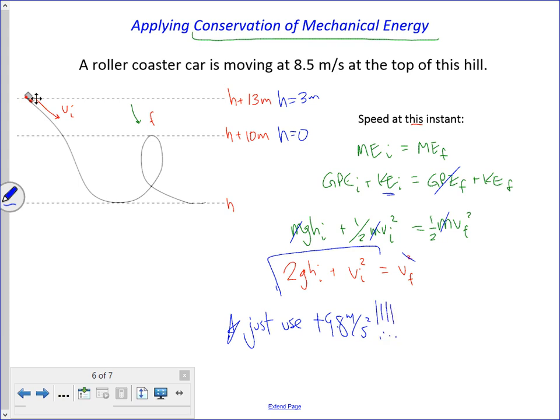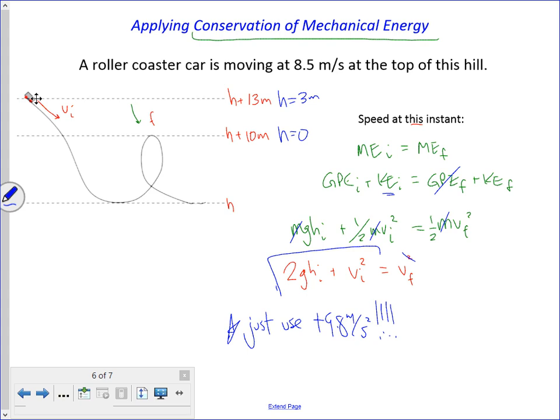Just use positive 9.8. The algebra you do will take care of things speeding up or slowing down, so we can just use positive 9.8.